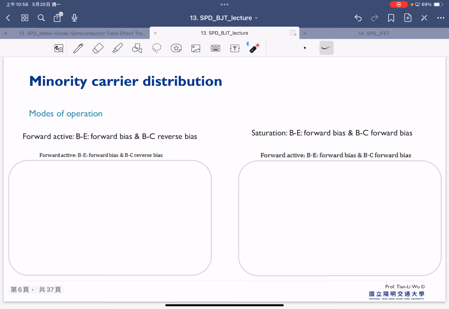Okay, now we'll move to the further analysis of the BJT, to try to understand the operation physics here. The most important thing is that we will focus on the minority carrier distribution. The reason we focus on minority carriers is that if you look back to the PN junction, we have already derived that the current transport in a p-n junction is dominated by the minority carrier.